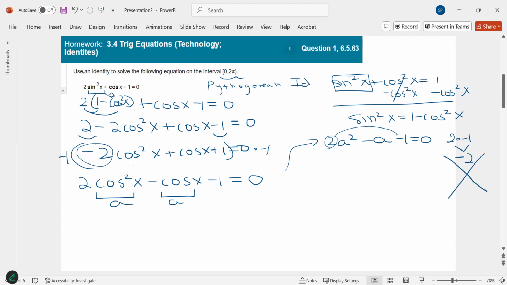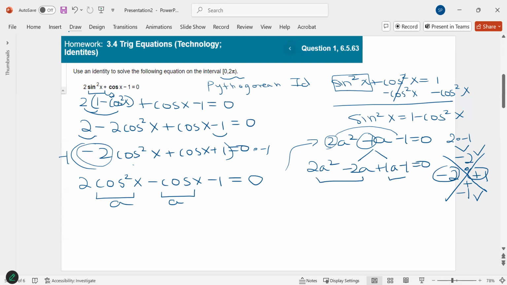And I use a method to find a product of -2 that adds to the b term, the -1. Two numbers that do that are -2 and +1, because -2 times 1 is -2, and -2 plus 1 is -1. Now we write this into a 4-term expression, so 2a squared, and the -1a we're going to rewrite as -2a plus 1a, minus 1 equals 0.